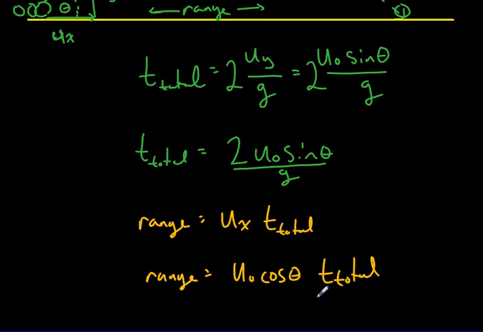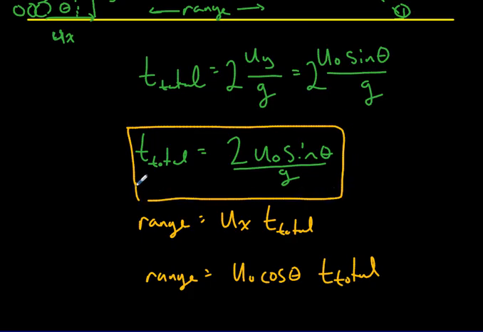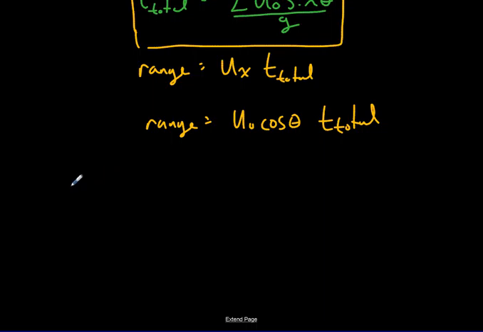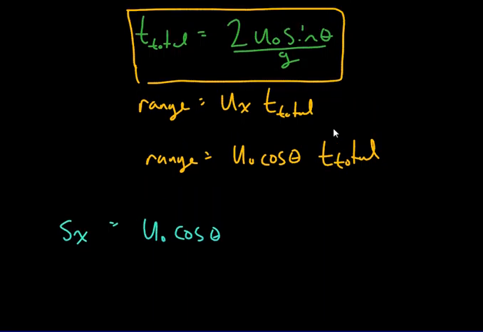Now you can do this all piecemeal and figure it out. Or we can punch in what we found for t total, and create ourselves a brand new formula for a range projectile. So let's do that. I'm just going to change range to sx, the distance in the x, which is equal to u naught cos theta times t total, which is 2 u naught sine theta all over g.